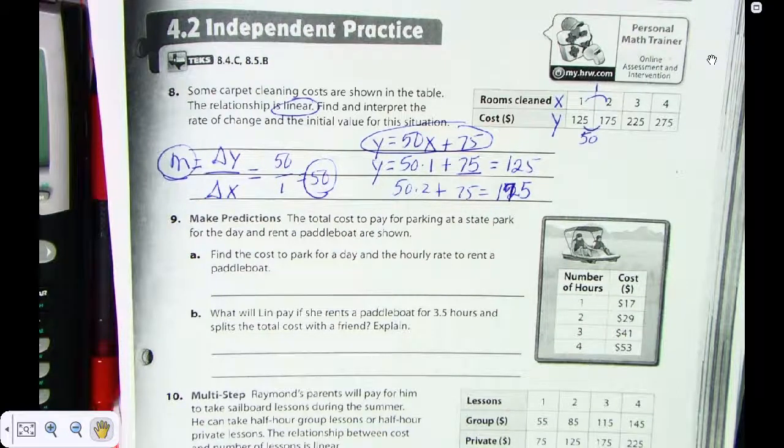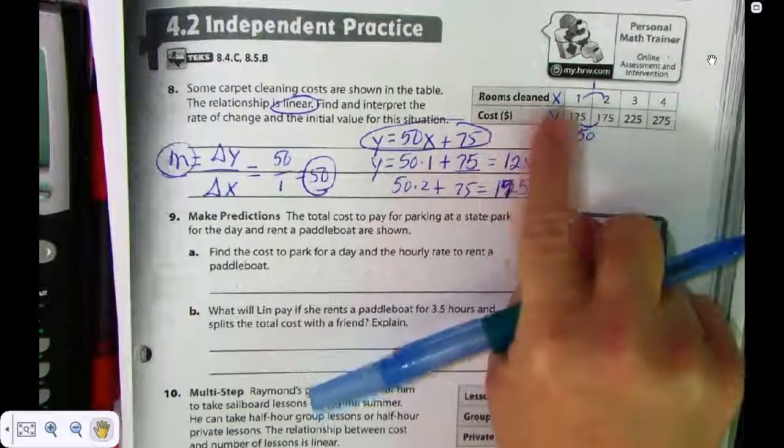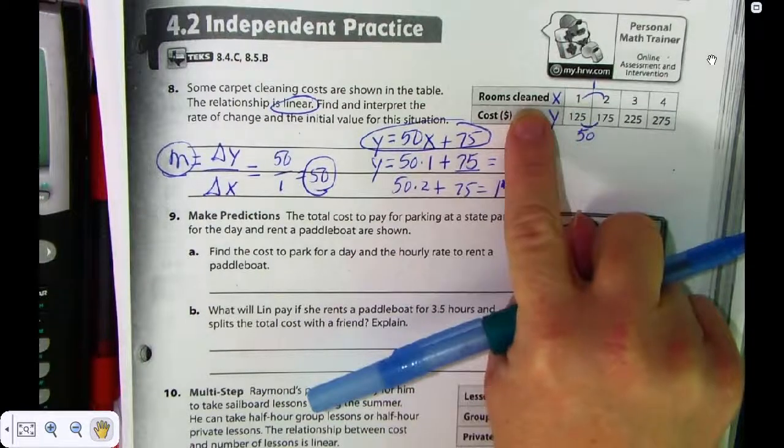We need to know each part of the equation and what it stands for. That's so important. So 50 is the cost per room. X is the rooms cleaned.